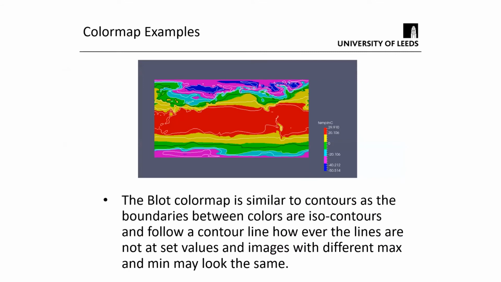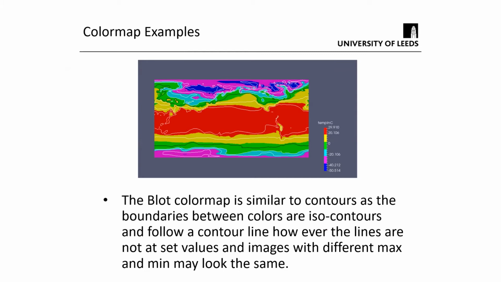So the bulk color map, as you can see, you can set the parameters. It's got lines in it. It's not interpolated between each color, is how you define that in computer graphics. And that means that the boundary between each color effectively is an isosurface.